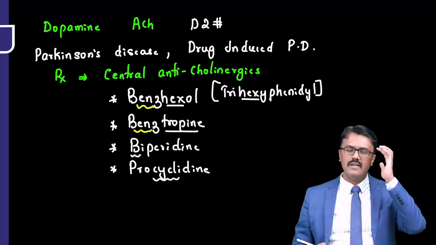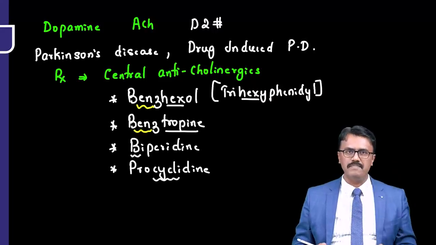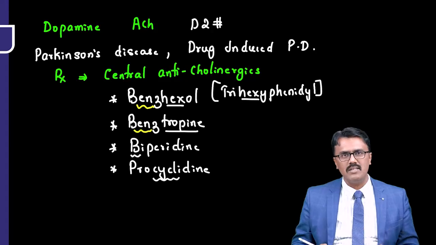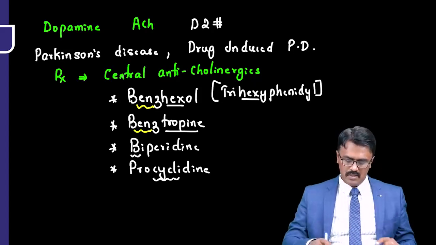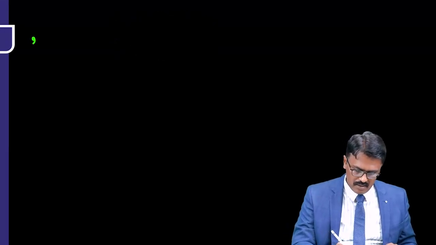Once we are done with the CNS, let us come to the eye. What will the cholinergic system do to the eye? Constrict the pupil. Now when you block that, the pupil will dilate. So let us discuss what happens in the eye.